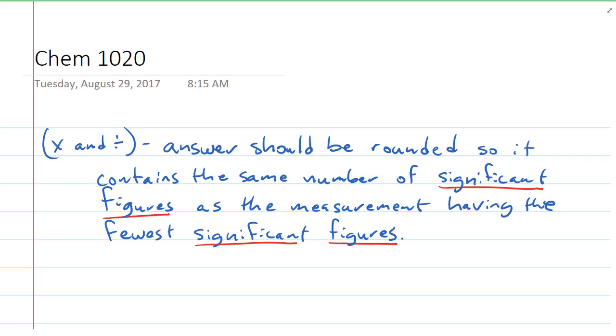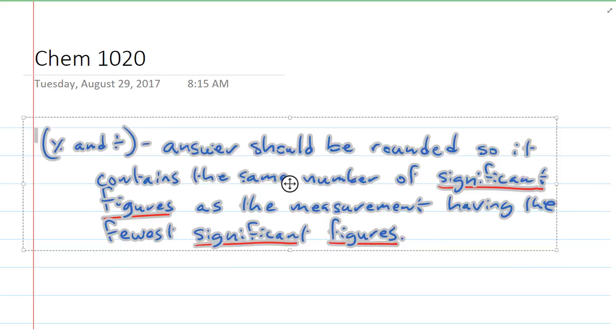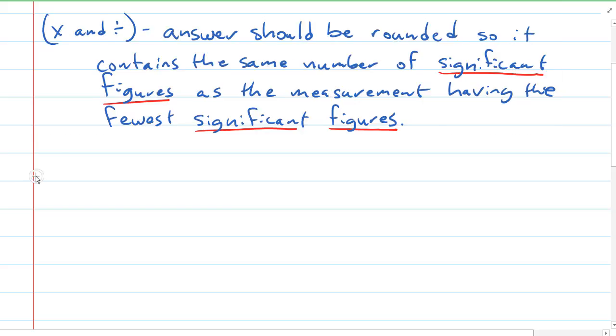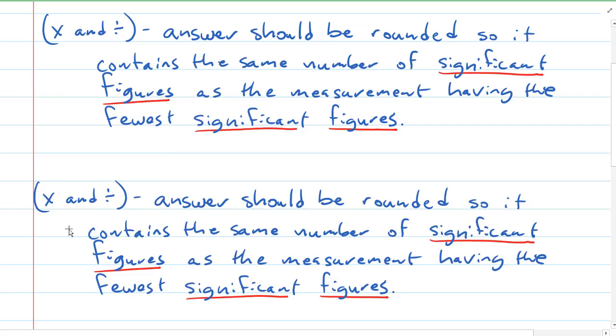Okay, then we have a rule for addition and subtraction that looks something like this. And this is where I bet you wish you had a tablet PC. I'm going to copy this one if I find my copy command. We'll come down here and we're going to paste that. How about that? Paste right there.